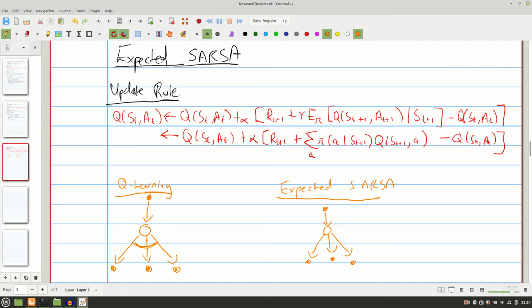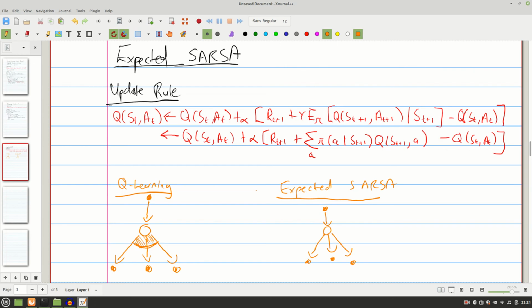As you can see, in Q-learning there is a maximum operator here, taking the maximum value, but in expected SARSA we're just taking the expectation. So these are the differences in how the backup diagrams for these two algorithms look.